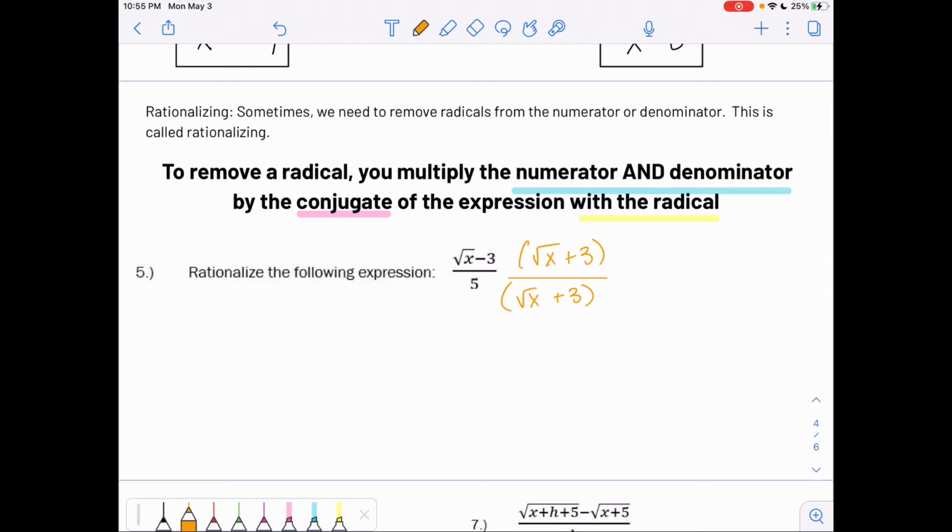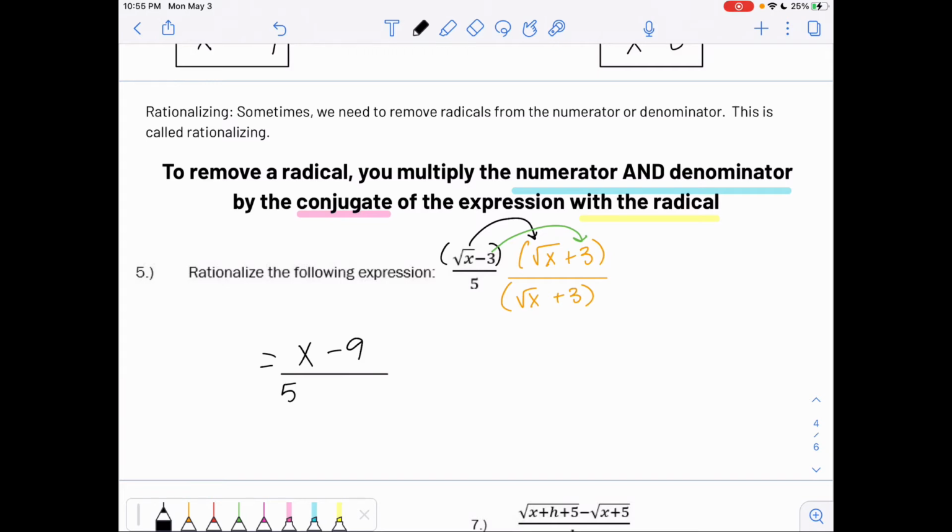The numerator, when I multiply those two together, since they're conjugates, I'm not going to worry about the middle term, and I'm just going to focus on the first two terms and the last two terms. So on top, I will now have just x minus 9. And the denominator, I'm going to leave in factored form like we've been doing.